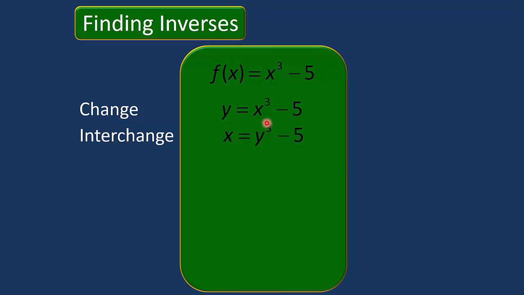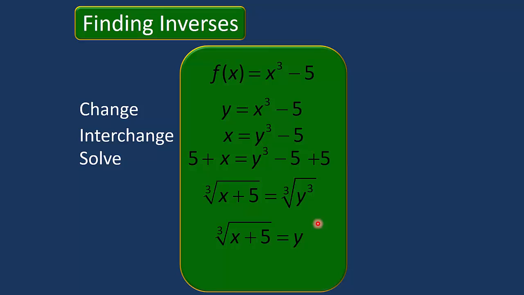Now at this point, we've got the inverse relationship here, but that's not the way we're used to looking at a function. We're used to seeing y equals something. So let's solve for y. I need to add 5 to both sides, and then I take the cube root on both sides, and I get y equals the cube root of x plus 5. Then we change notation back to indicate that this is the inverse. So we have f inverse of x, that's the inverse of f of x.